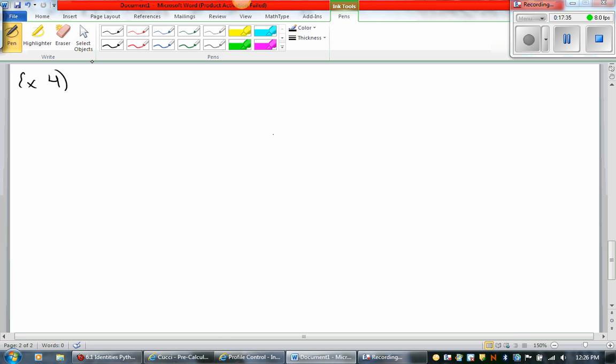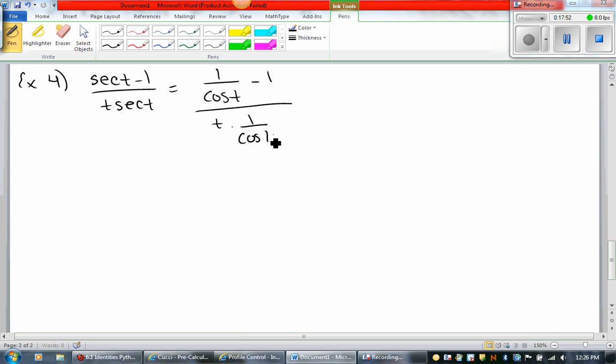That's okay. So we're going to change secant t minus 1 over t secant t. We're going to adjust this. We know secant is 1 over cosine of t. I promise I won't mess up this time. Minus 1 over t times 1 over cosine of t. This is where I messed up, right here. Let's fix it.